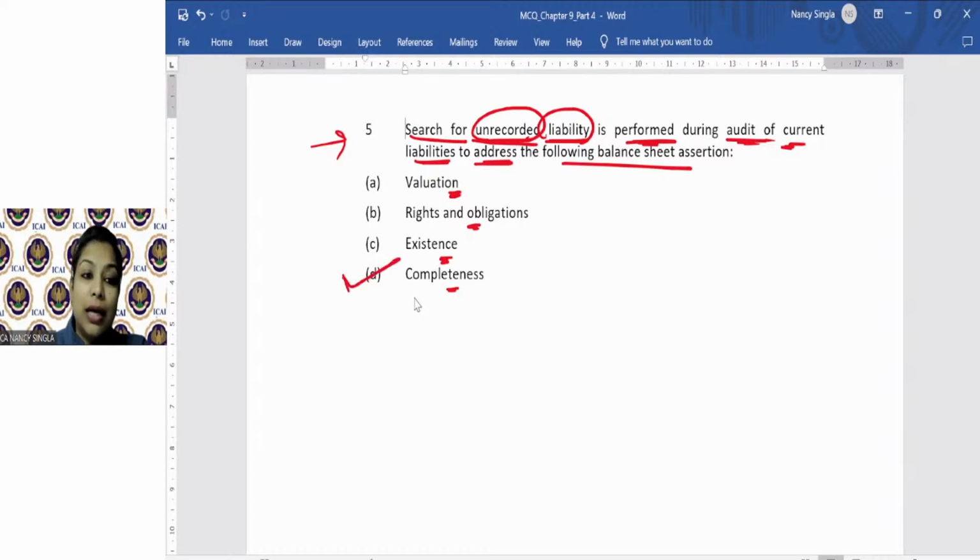Search for unrecorded liability is performed during the audit of current liabilities to address the following balance sheet assertion, right. So you are checking that nothing is unrecorded. So it is completeness, that all liabilities have been considered. That is why you are checking that nothing is unrecorded. Okay. Yes, Chitala, Vinayka, Manisha Ben, Aman, absolutely correct.